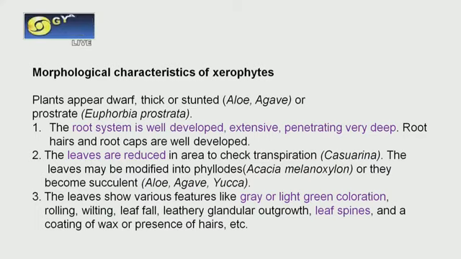The surface area of the leaf needs to be reduced. Sometimes the leaves are modified into some other structures. Even the stem may be modified into some other structures. Leaves may be modified into phyllodes like in acacia, or they may become succulent. Succulent means they become fleshy, like aloe, agave, these kinds of plants.